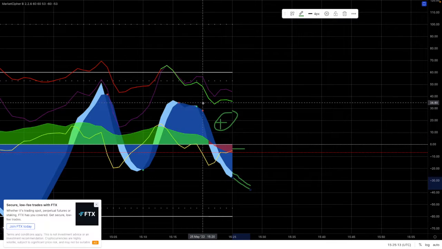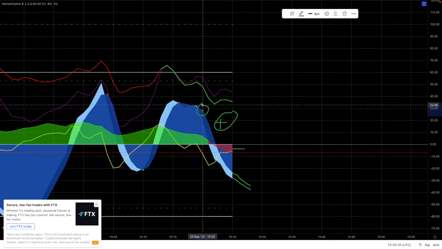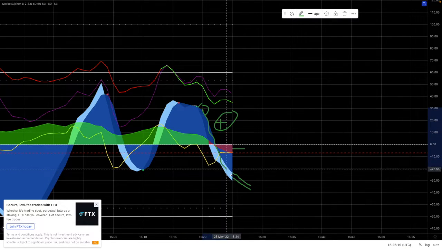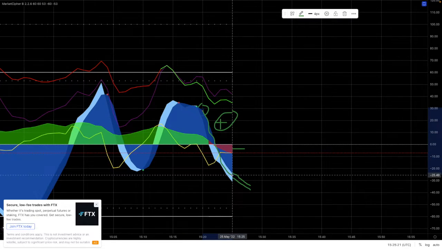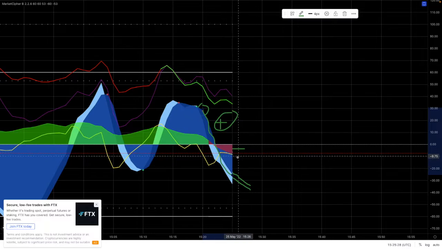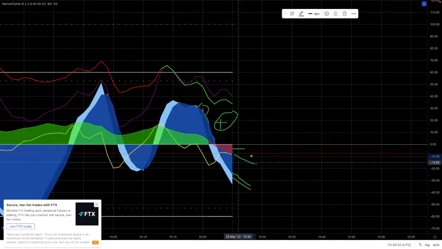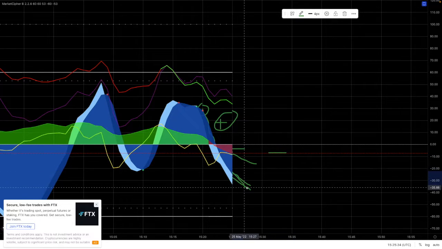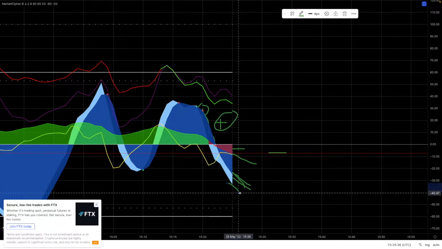But if you entered a short from this side and you're not being greedy, you will enjoy a short from this side to this side. If you're confident about your entry, you can hold on, or if you're not confident, you exit. But it looks to me that we are still going down because money is in the negative and momentum is also in the negative. So this is a win-win trade for us.